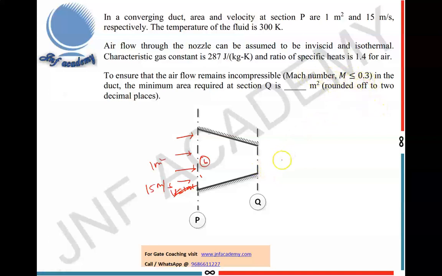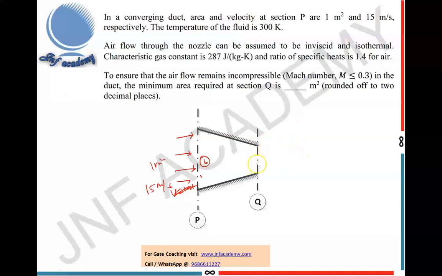So to ensure that the flow does not exceed a Mach number of 0.3, what should be the minimum area required at section Q, so that it still remains incompressible? That's the whole idea here.